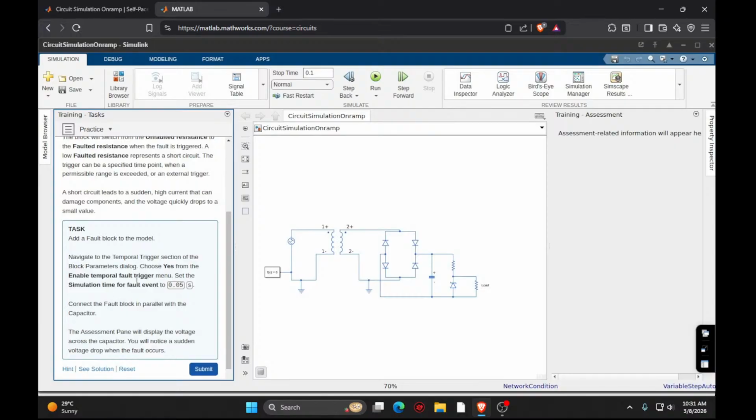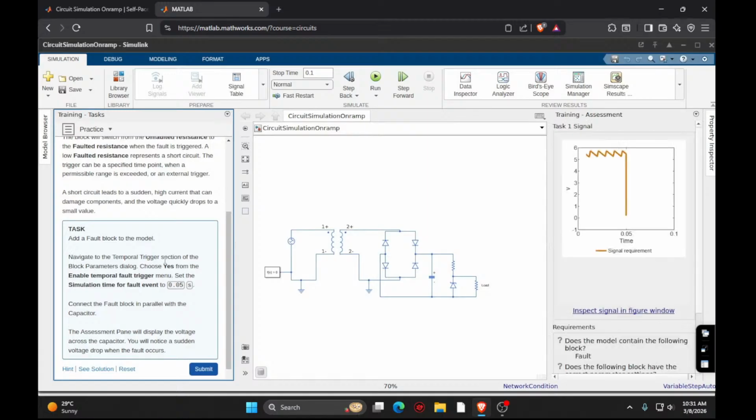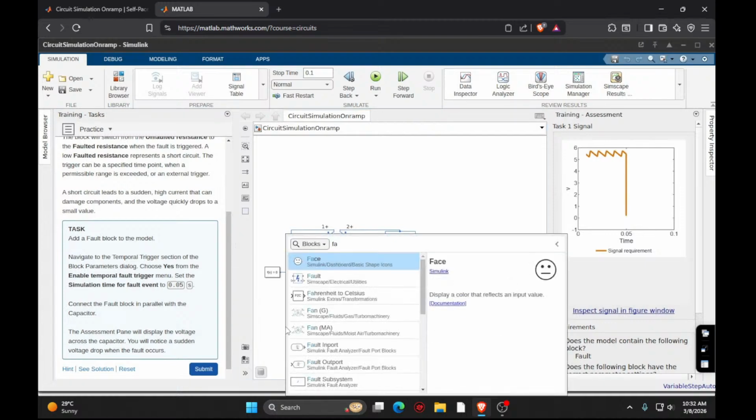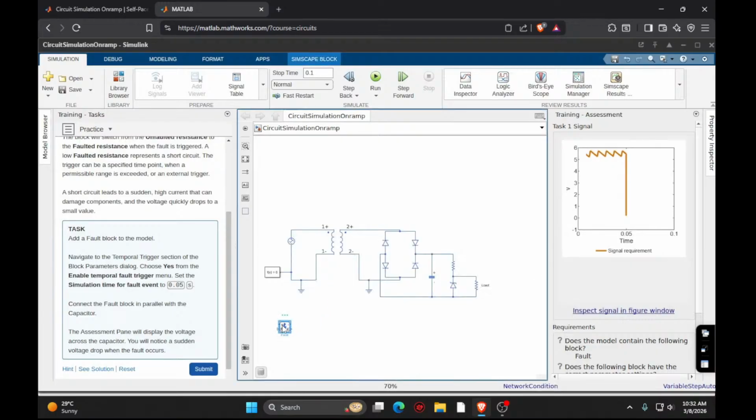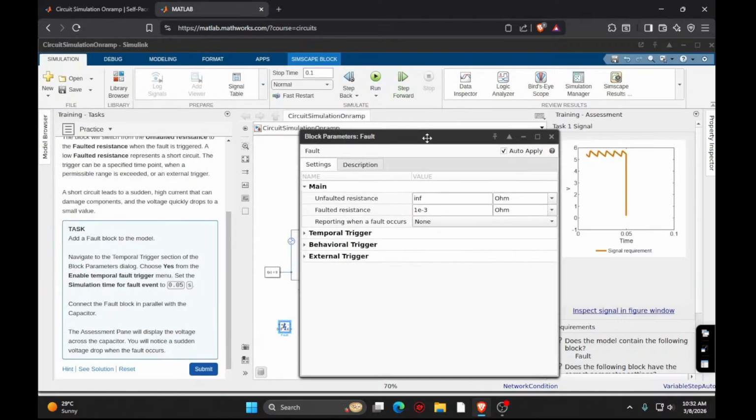Now, navigate to the temporal trigger section of the fault block parameters dialog box.